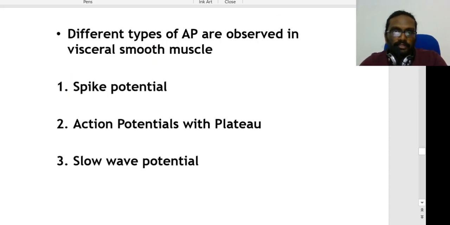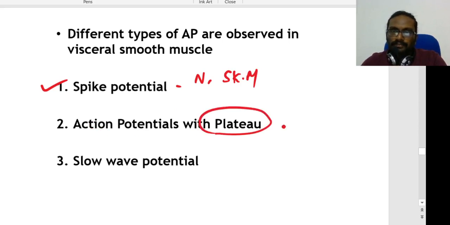And the most important thing to remember is that smooth muscles show all the different potentials that we have learned. One was the spike potential that you usually find in nerve and skeletal muscle. In smooth muscles, you will find action potentials with a plateau, which were usually seen in cardiac muscles.